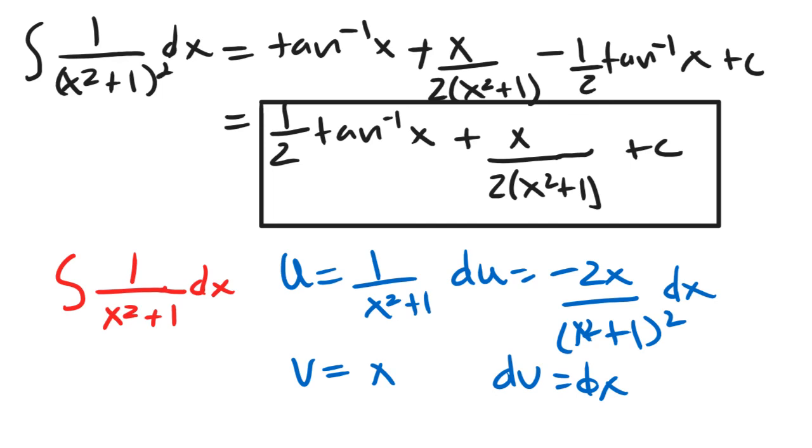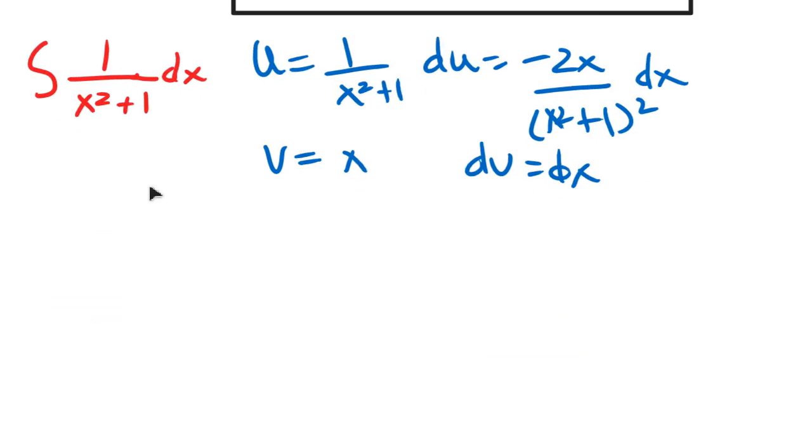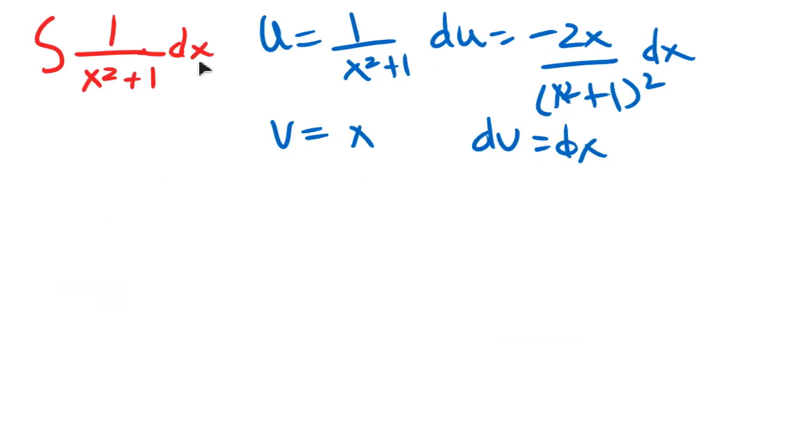So in this case, this tells us that the integral of 1 over x squared plus 1 dx, using an integration by parts approach, is going to be equal to x over x squared plus 1.